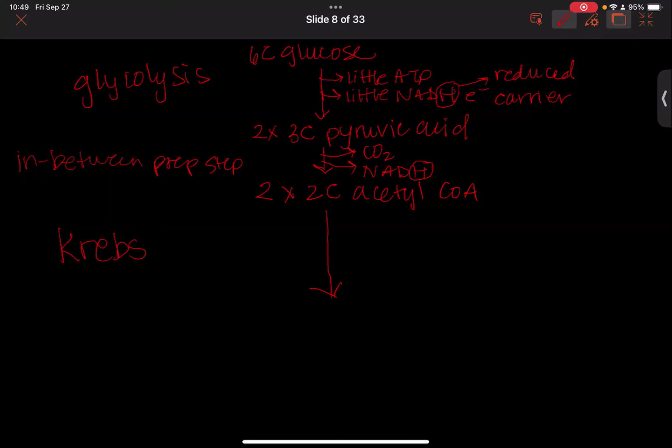That 4-carbon plus the 2-carbon makes a 6-carbon. Great. That happens to be citric acid, by the way. It's also called the citric acid cycle. I'm not going to ever call it that on my tests, though. It's only ever going to be called the Krebs cycle.